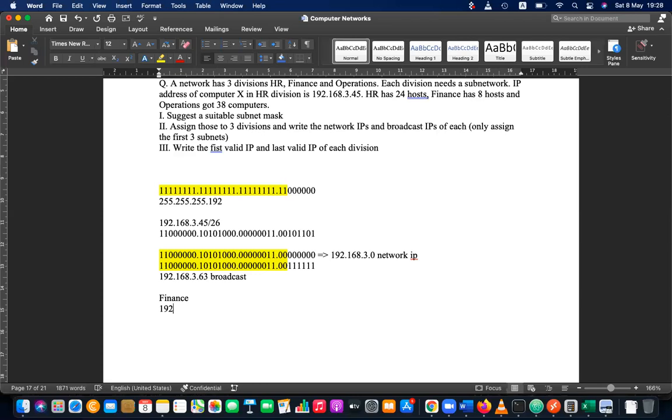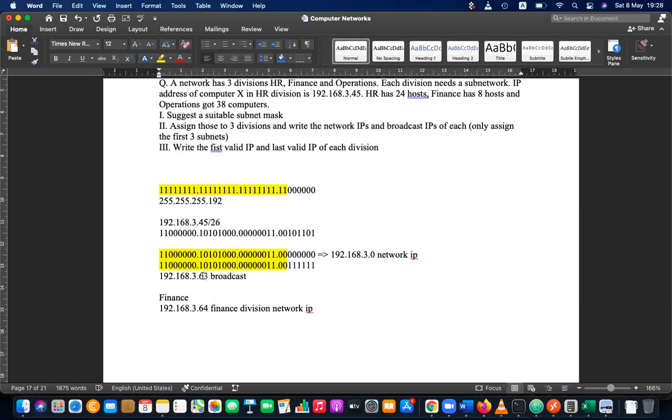192.168.3.64. Correct. 64 is the network IP for the finance division. Broadcast IP? Then you will get 64.